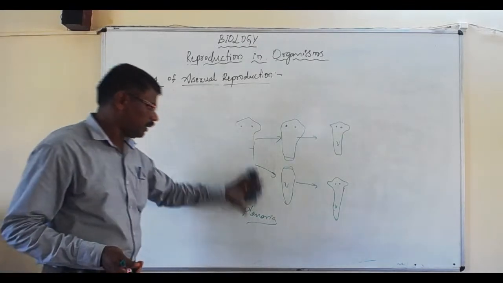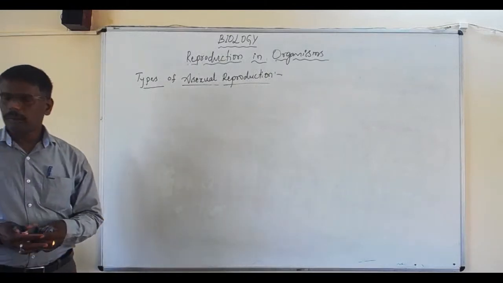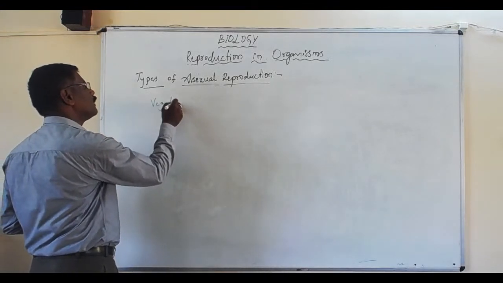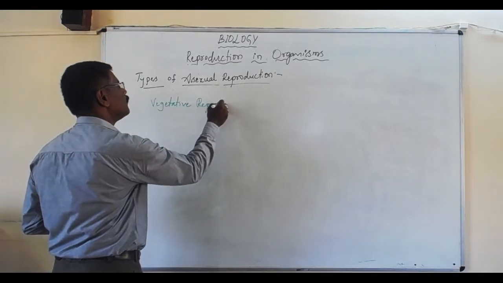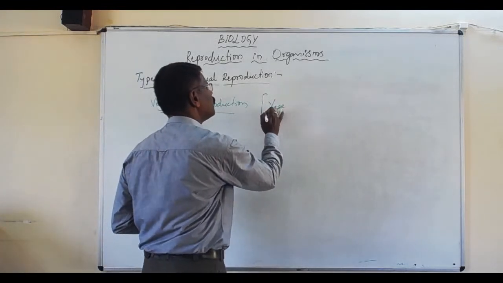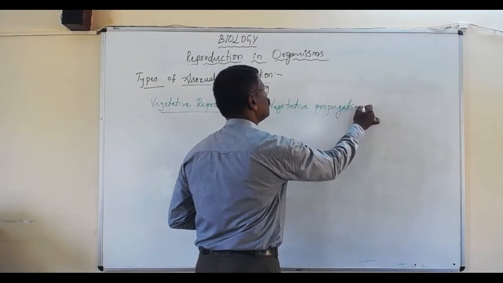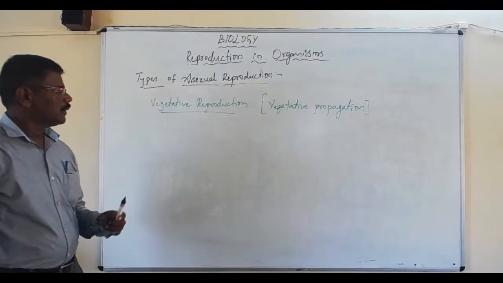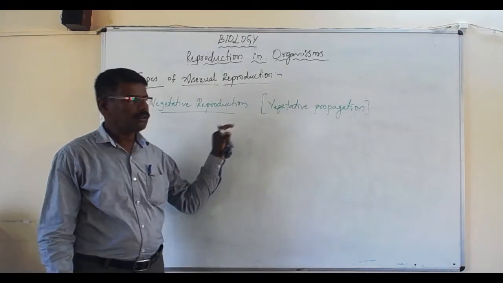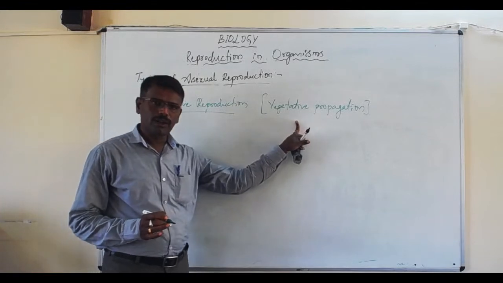So this is asexual reproduction as we have discussed it in animals, while in plants we call it vegetative reproduction. It is also called vegetative propagation.